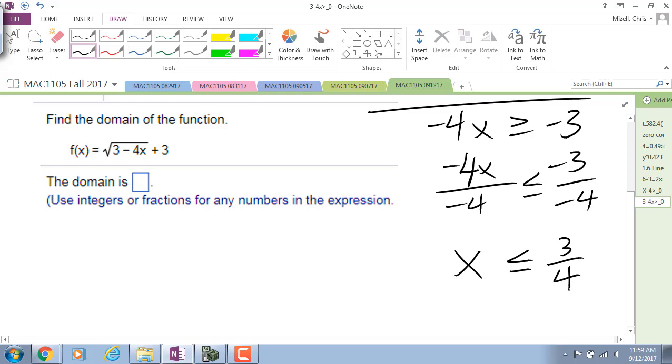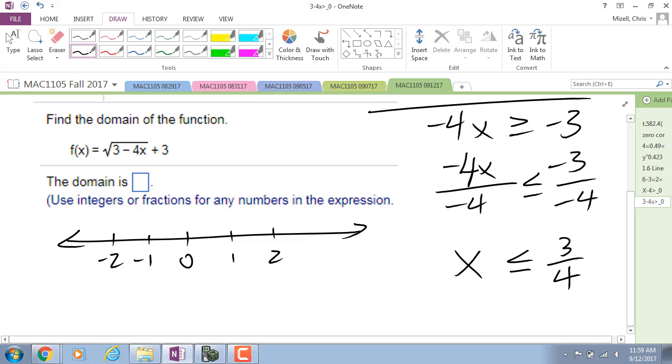So, it may not ask us for the number line here, but if we have 0, 1, 2, negative 1, negative 2, this is going to include the 3/4, and it's going to be everything to the left of it or to the right of it? To the left of that 3/4. So if that 3/4 is right there, we're going to shade it to look like this.